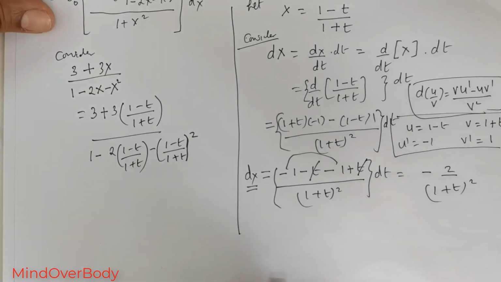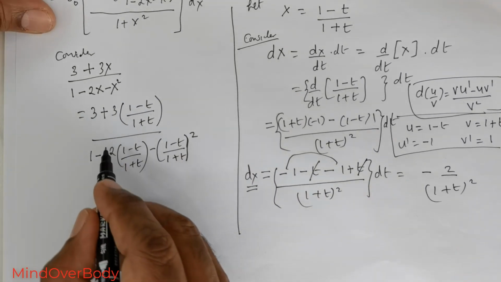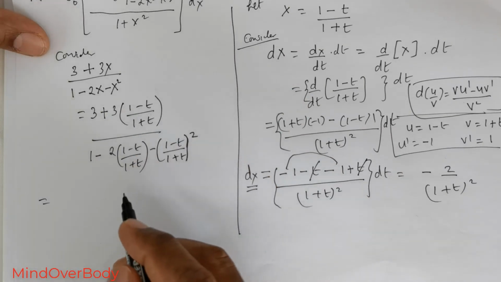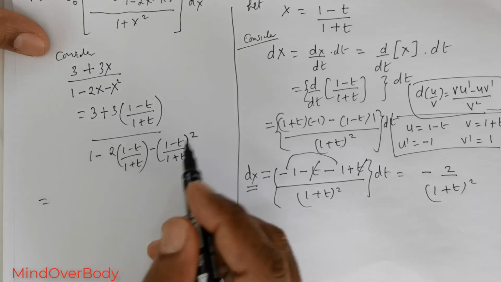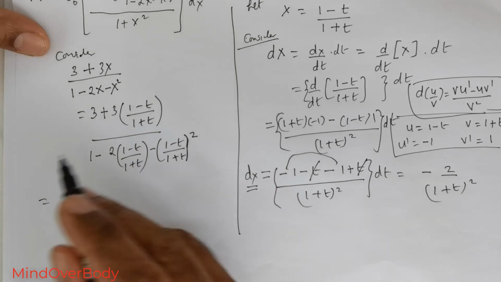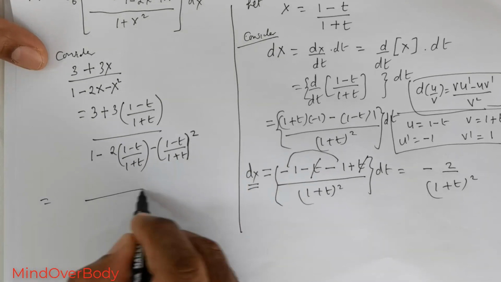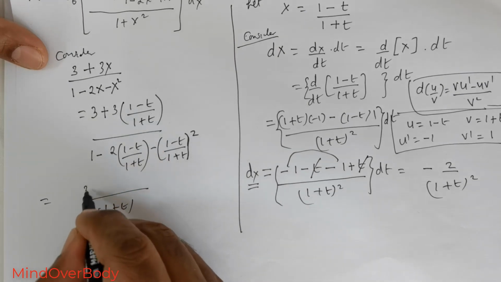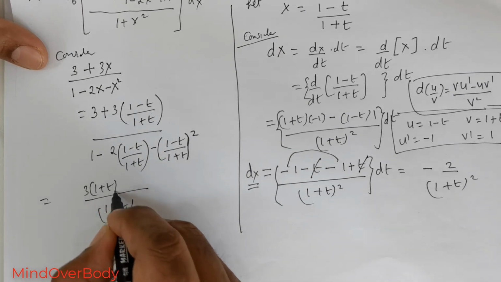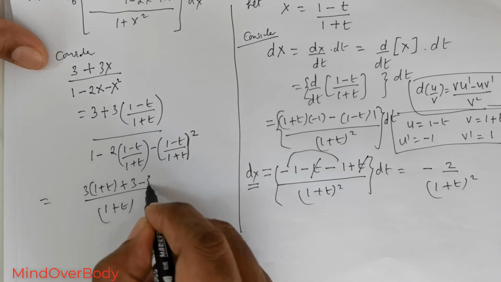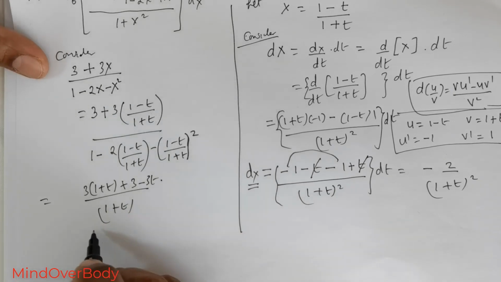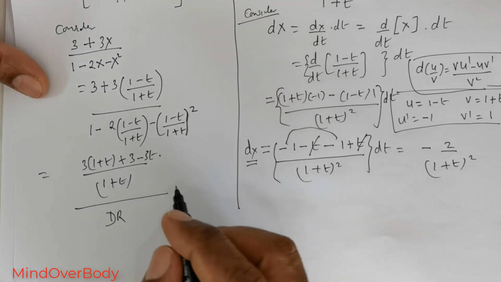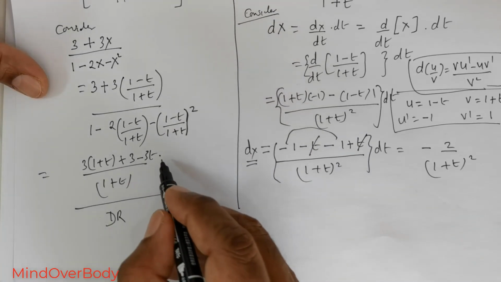Now, if you want you can consider the numerator and denominator specifically and simplify, but I just simplify it straightforward. I take 1 + t in the denominator, that will give me 3 times (1 + t), so 3 + 3t, plus 3 − 3t, divided by 1 + t. This entire quantity is divided by the denominator, which I will come back to within a minute.